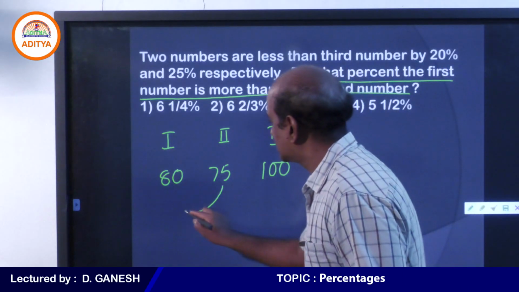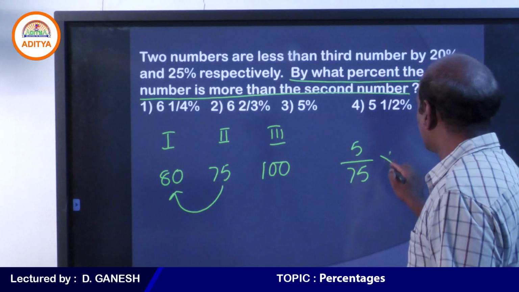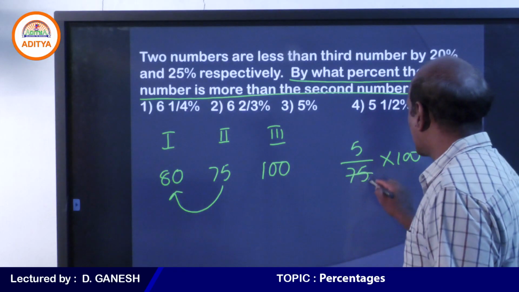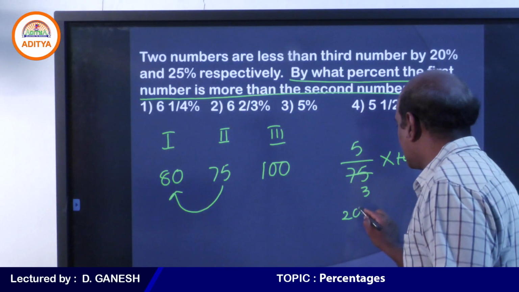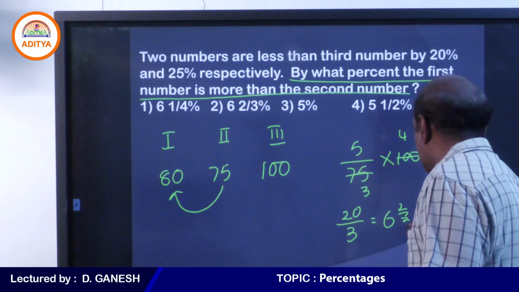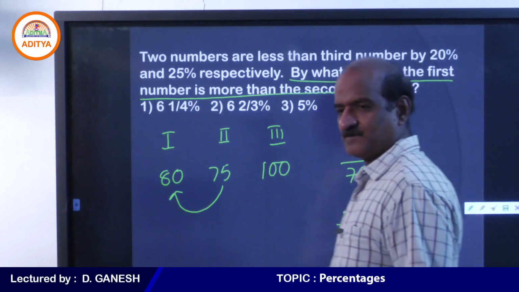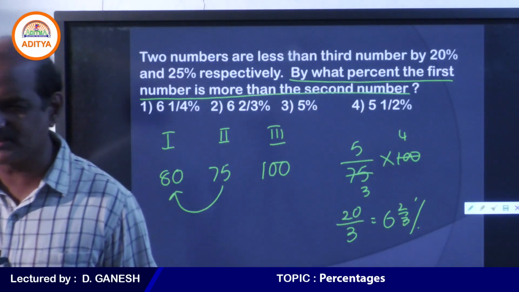When comparing with the second number, how much is the first number more? 5 more. Therefore 5 over 75 into 100. 25 goes into 75 three times, 25 goes into 100 four times. 5 into 4 is 20, 20 by 3. Therefore your answer is 6 2 by 3%. 6 2 by 3%. So student, do you understand that?